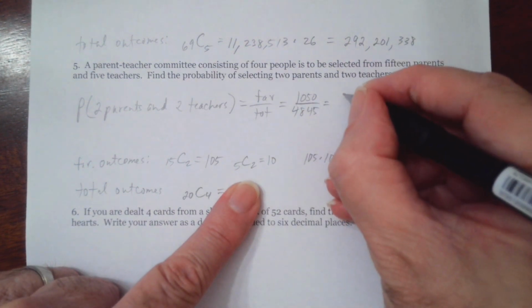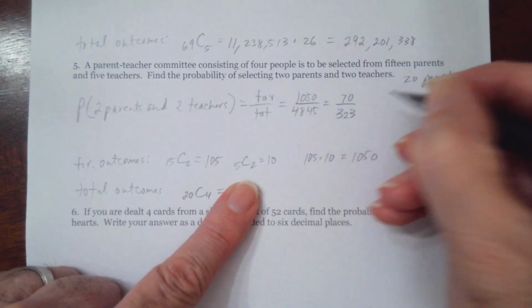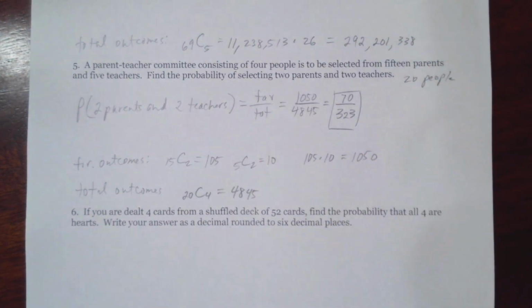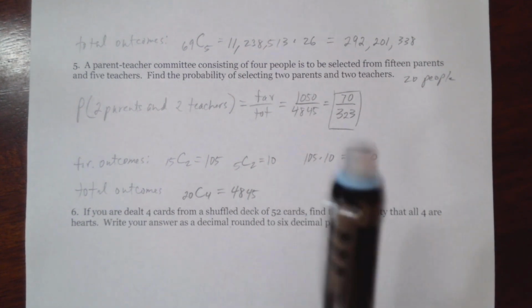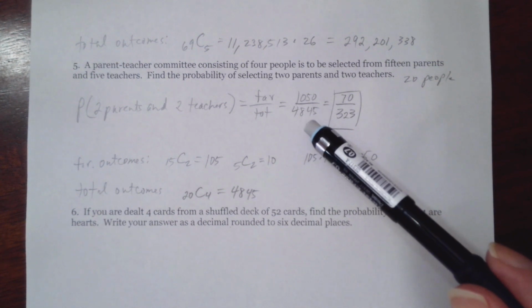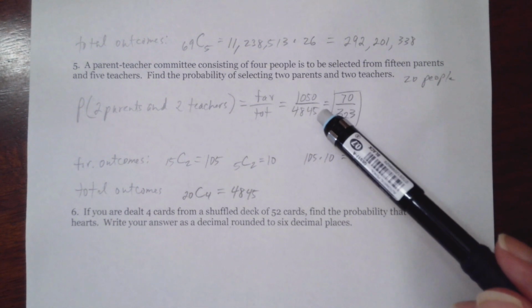And if you reduce that, you will get 70 over 323. Now, I just want to warn you that there is the possibility that your fraction will have such big numbers in it that the calculator is not able to handle reducing it. And so when that happens, the only thing you can really do is divide the 2 numbers.